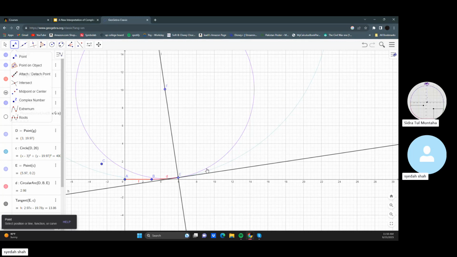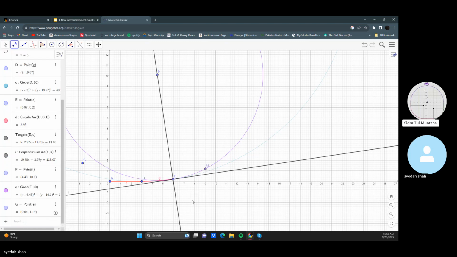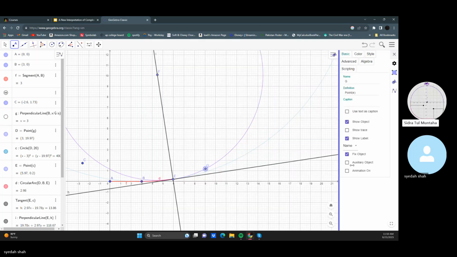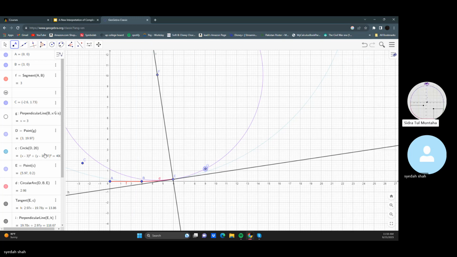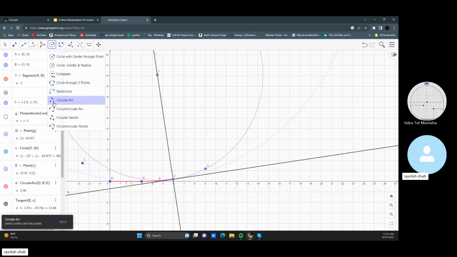Yes, yes. On the circumference of this circle, you have to draw a 3 centimeter length. Okay, first make an arc length and then you can fix the object. Like an arc. Yes.